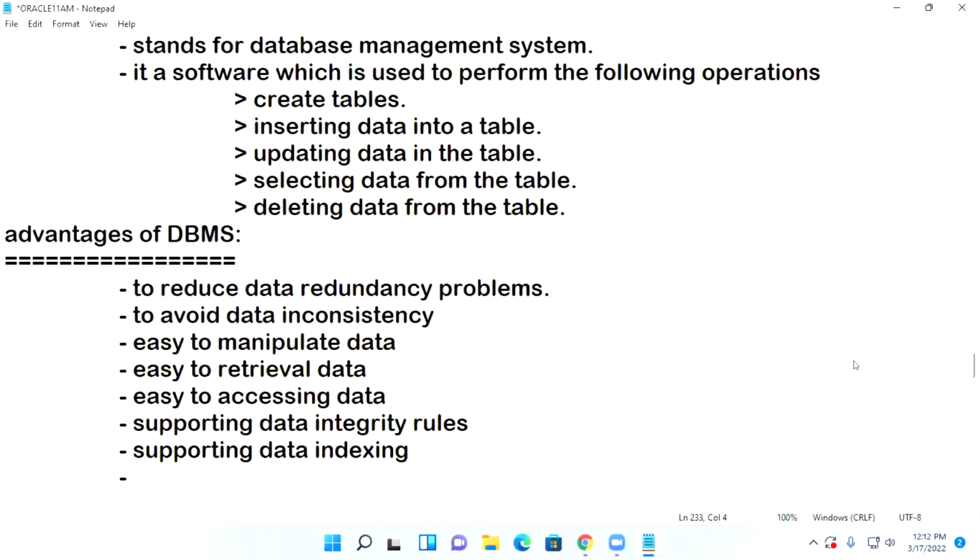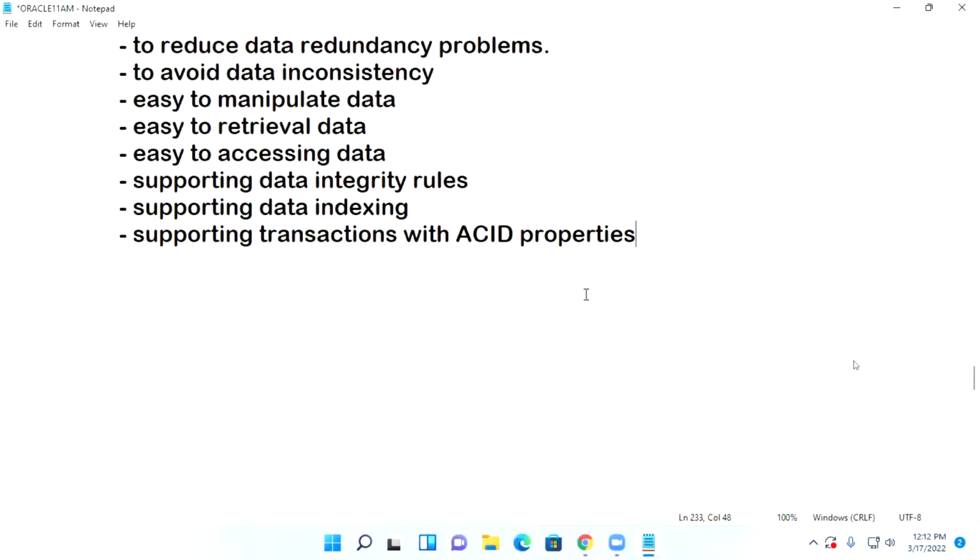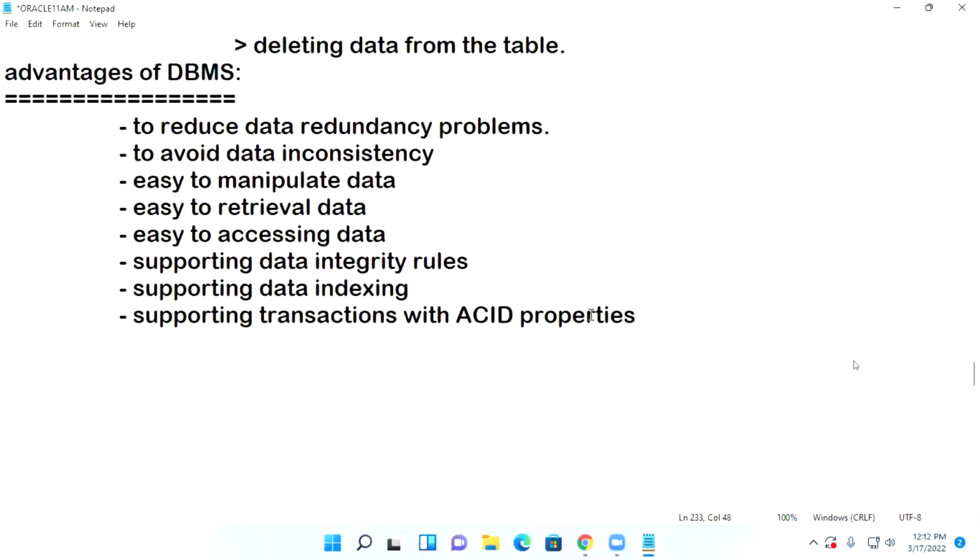And next one is supporting transactions in an accurate manner by using what now? ACID properties. ACID means, does anybody know? A stands for atomicity, C stands for consistency, I stands for isolation, D stands for durability.